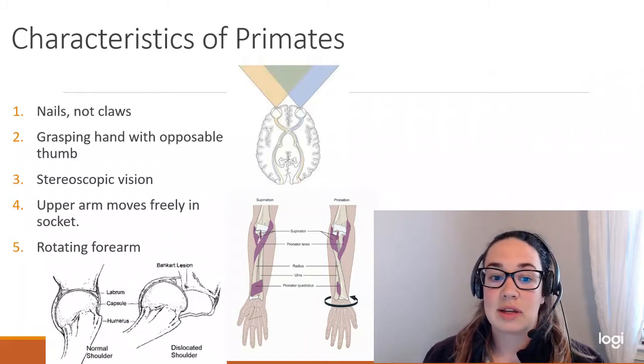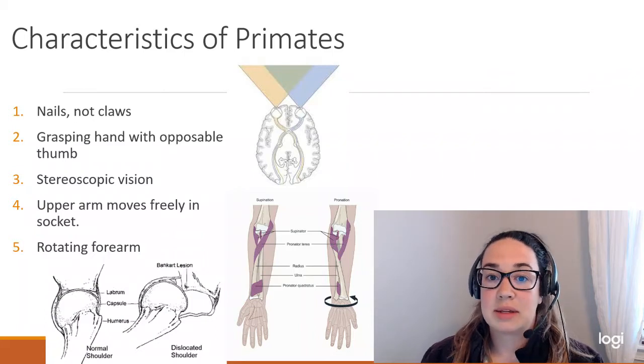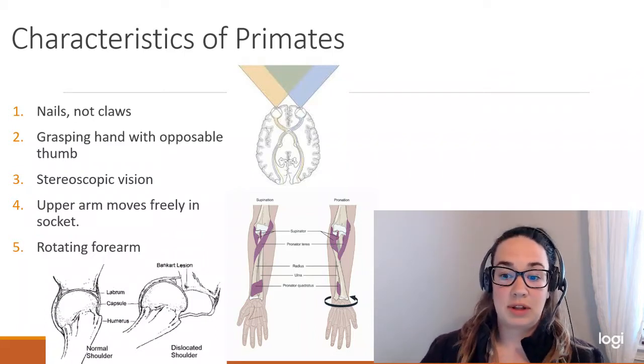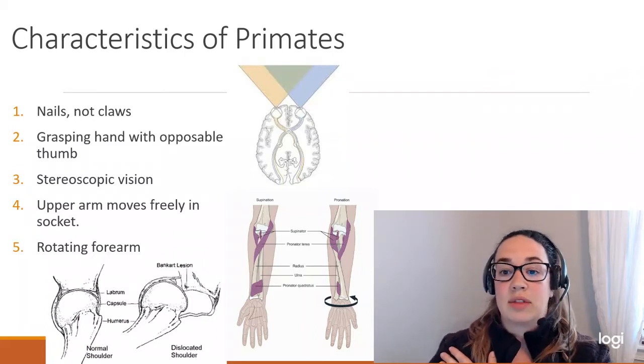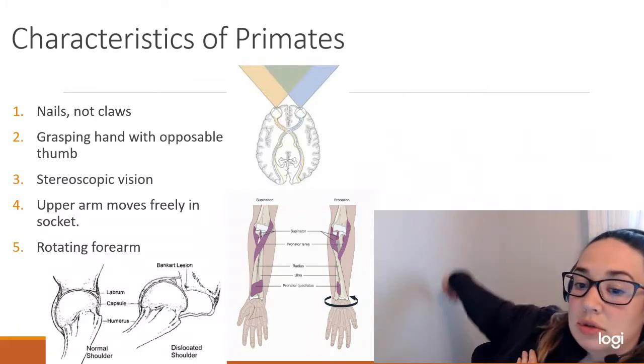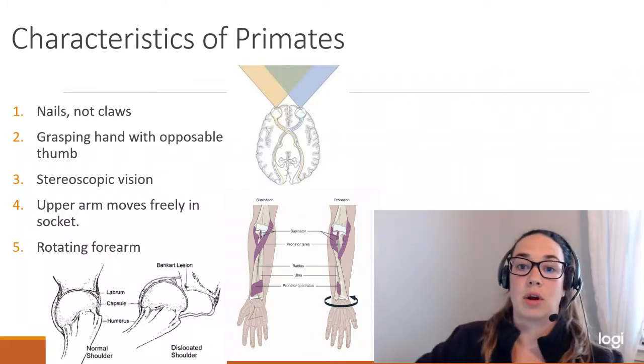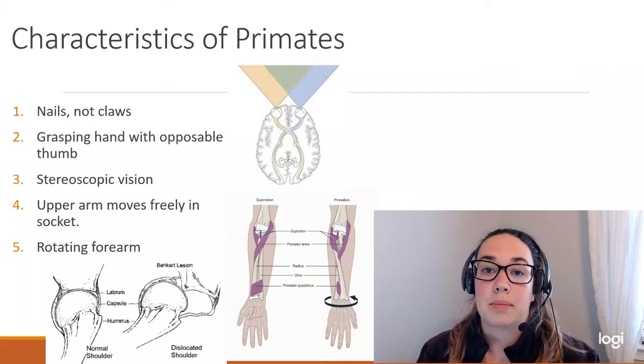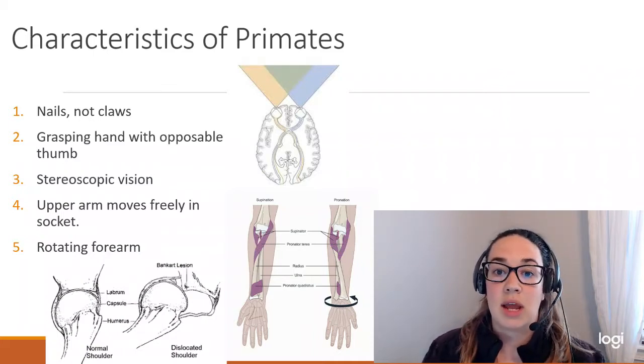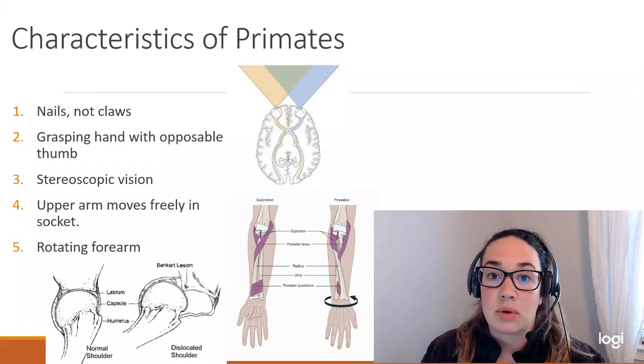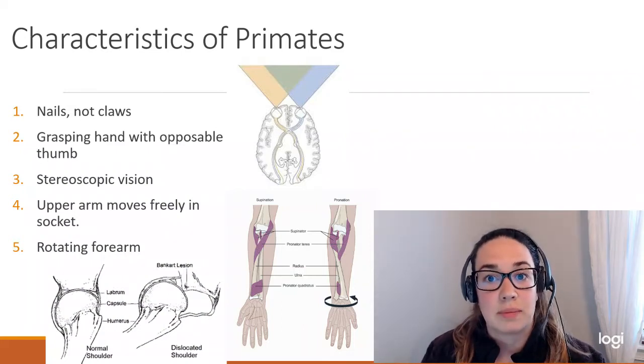Okay, characteristic number 4. Primates have an upper arm that moves freely in the socket. So you guys are all aware that you can make big round motions with your upper arm back and forth as it rotates around in the socket. So a lot of animals don't necessarily have this feature.